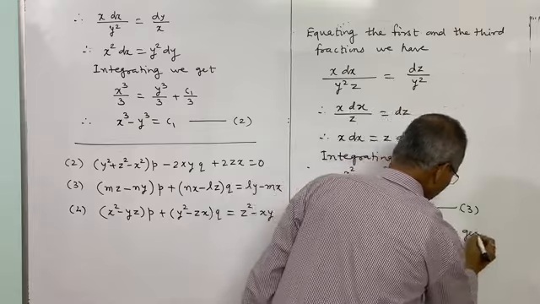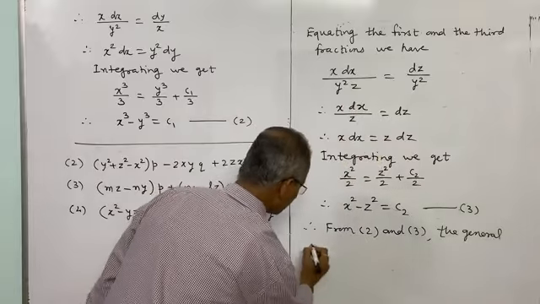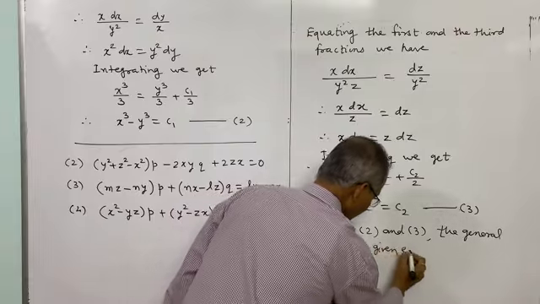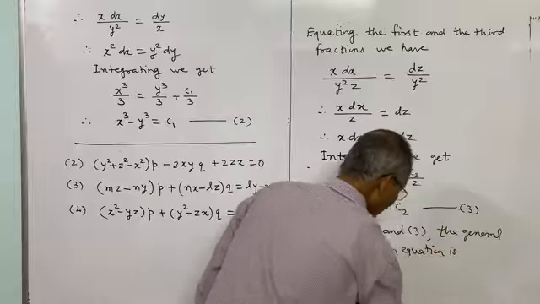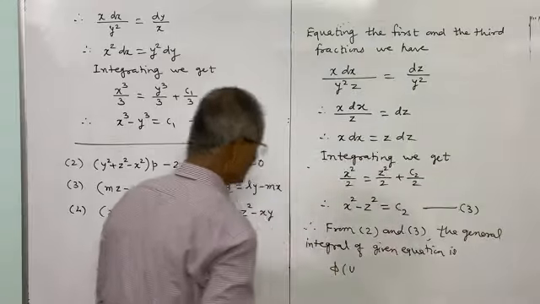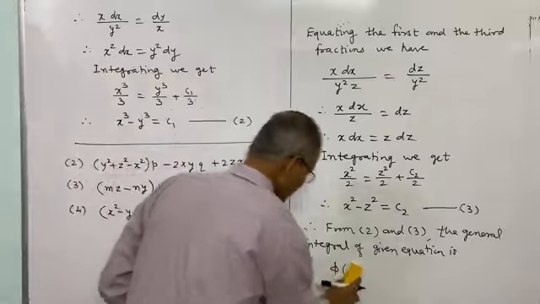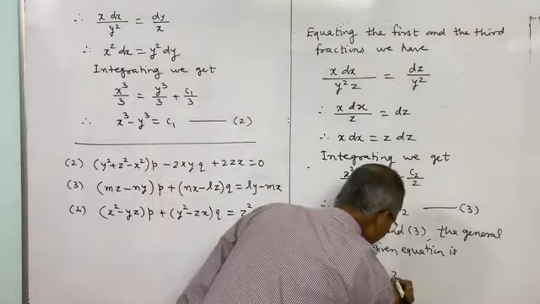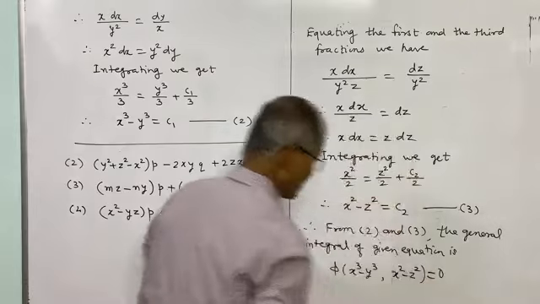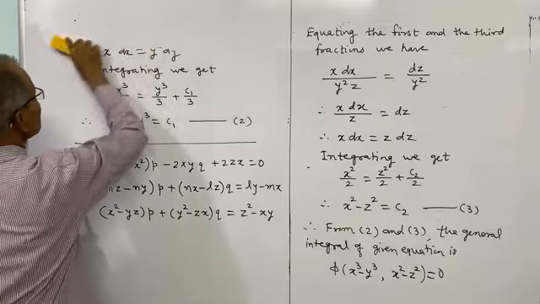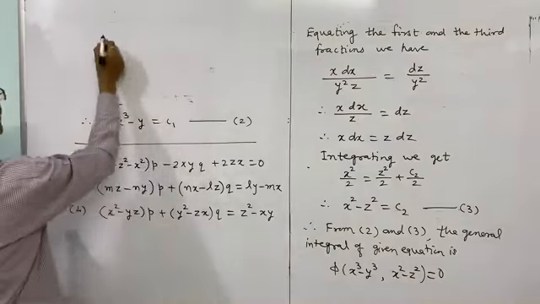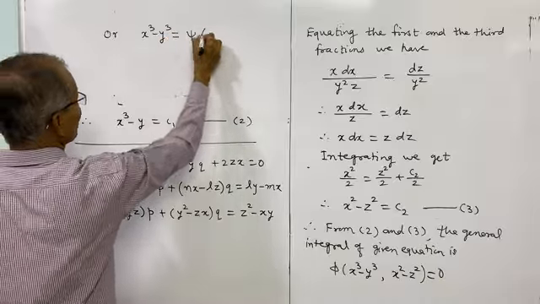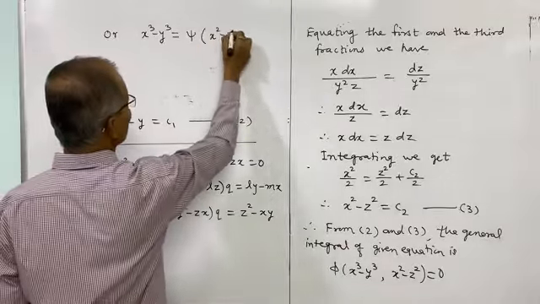the general integral of the given equation is phi of u, that is x cube minus y cube is equal to c1, that is phi of x cube minus y cube, comma x square minus z square is equal to 0, or that can also be written as x cube minus y cube is equal to psi of a function of x square minus z square.